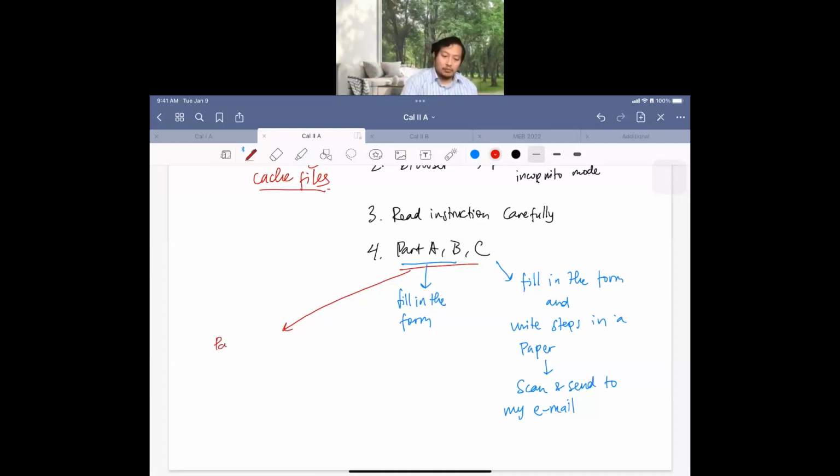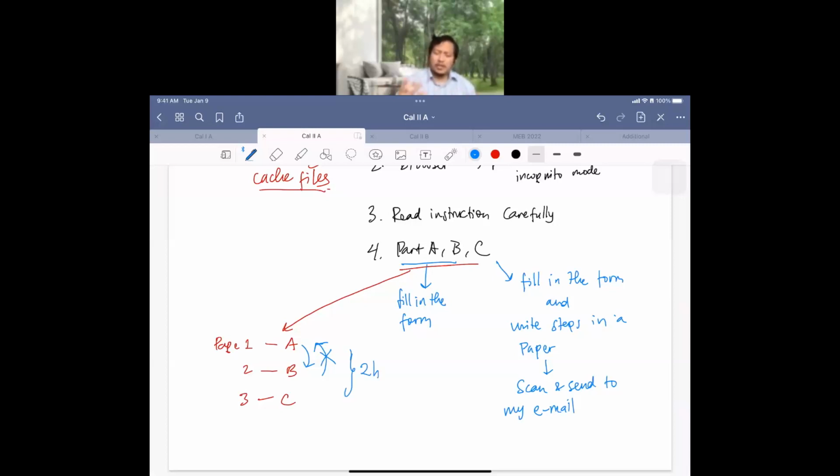Page one is part A, page 2 is B, page 3 is C. If you jump from page A to page B, make sure you already complete all the questions in part A, because you are forbidden to go back to the first page. So it's not allowed. So within this time, please manage your time wisely.